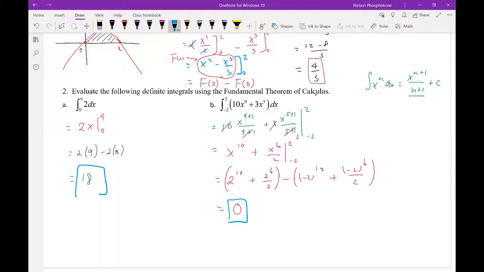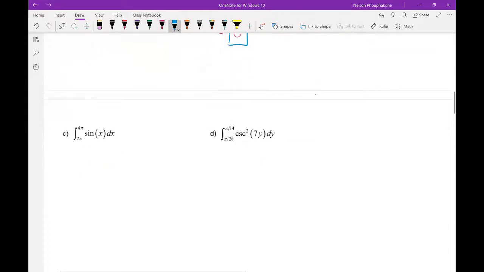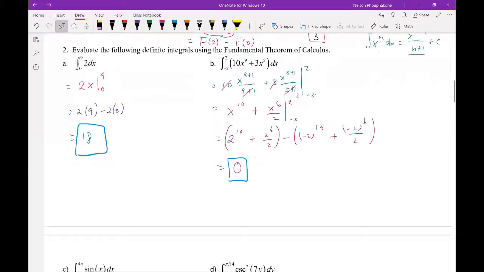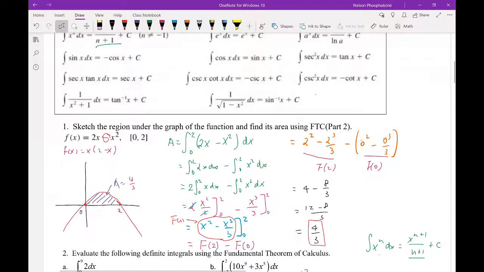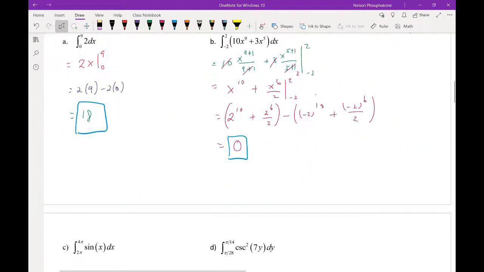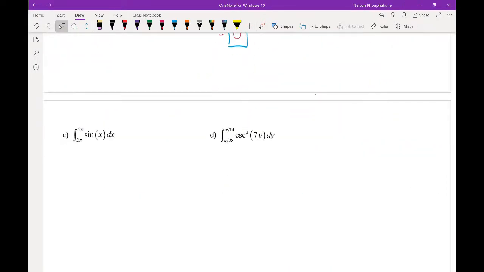Okay, so now it is your turn to try to work on C, D, E, and F. How do we actually do this type of problem? Basically, we could use this table right here to help us. Now, one thing about this is, for D, let me write down.